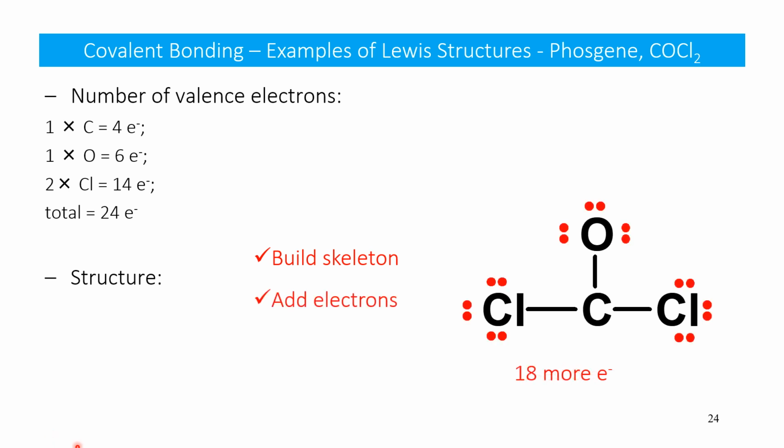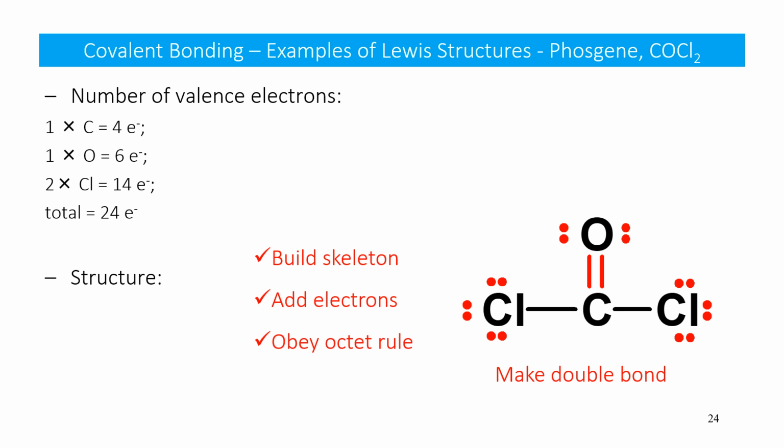And note quickly that we start to add pairs of electrons around each atom until the octet is satisfied. Note, the octet is satisfied for both the chlorines and the oxygen, yet the carbon itself is deficient because we need to obey the octet rule. And so what we do is we form a double bond between the carbon and the oxygen.